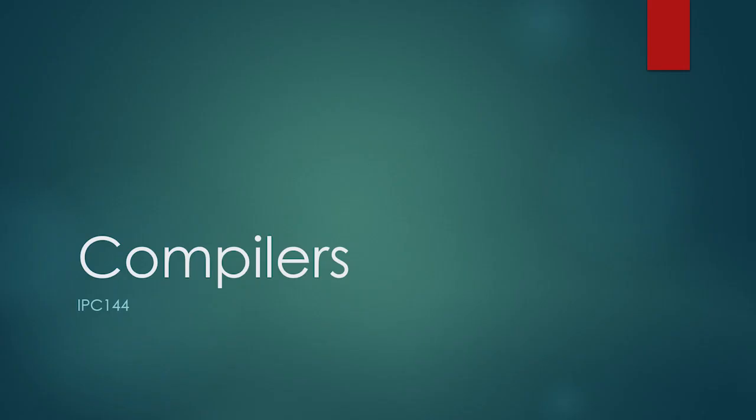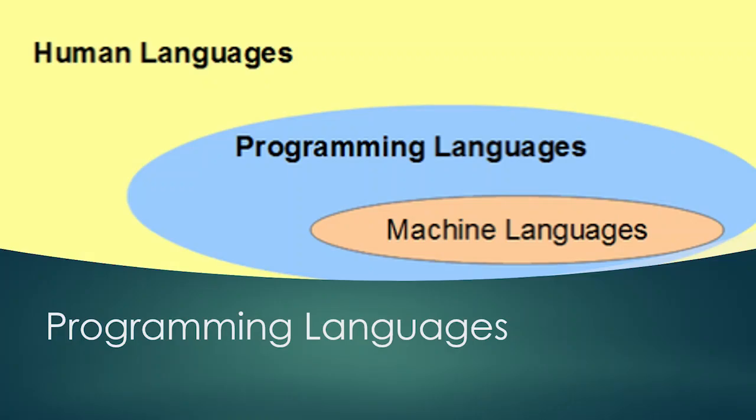We're going to talk about compilers, the piece of software which was responsible for translating your program from a programming language into the native language of the computer. So we have different types of languages. We speak human languages, and programming languages are a subset of the human languages.